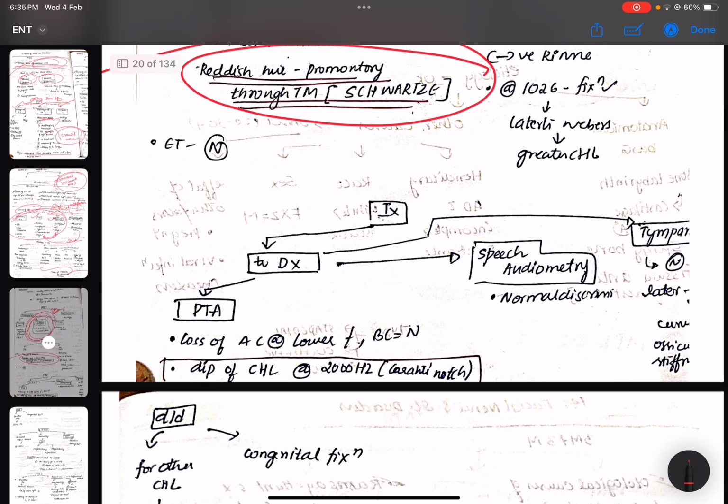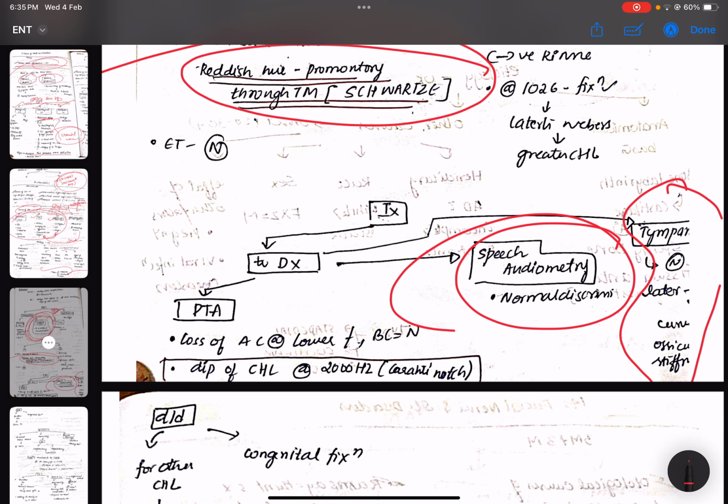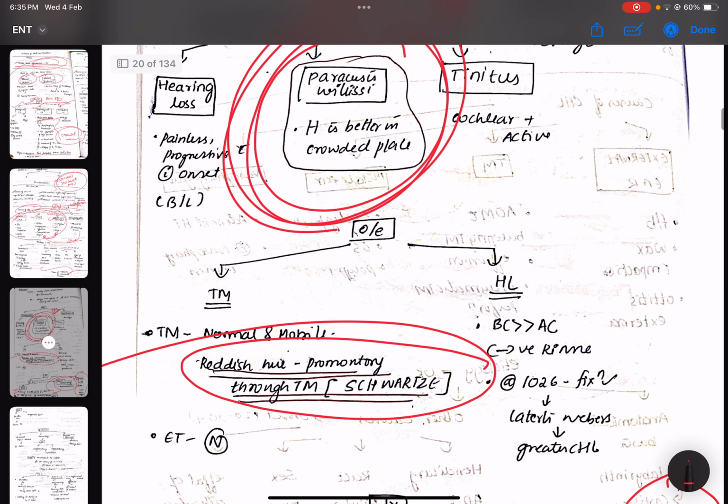Then again, investigation. Firstly, you need to classify, to diagnose, and you have to check for complications, and also this is what you will see. But the major thing you have to mention is the Carhart's notch, which is an important 3 marker by itself. Again, while writing on examination, you have to write the external ear appearance, that is inspection.